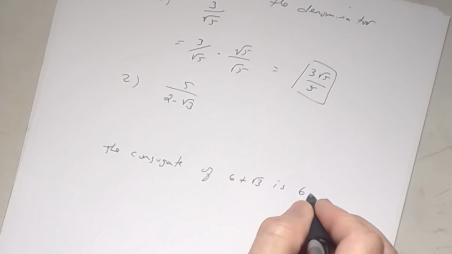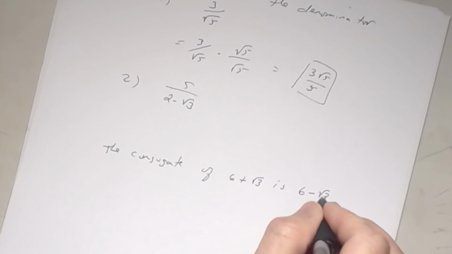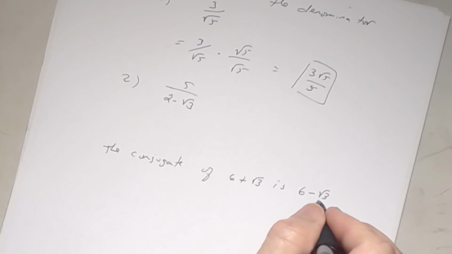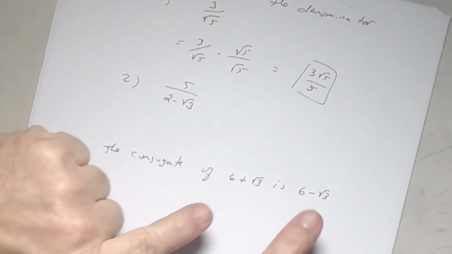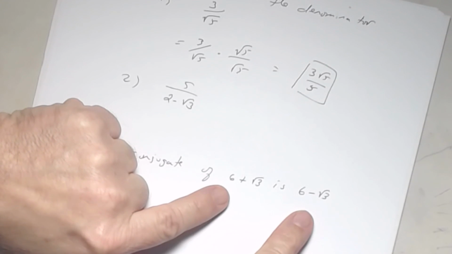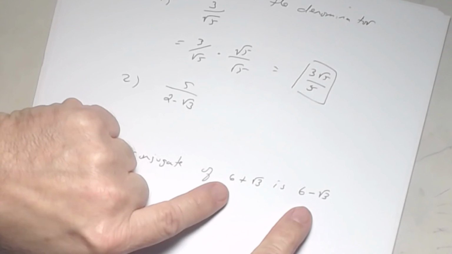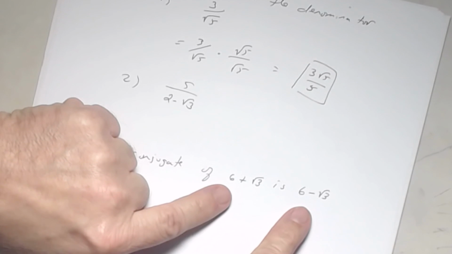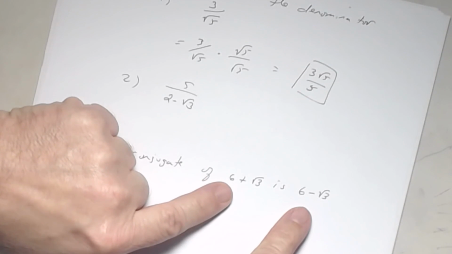So it'll be 6 minus the square root of 3. And here's why. You remember when you dealt with the difference of two squares? Doesn't it kind of look like the factoring of the difference of two squares? 6 plus the square root of 3 times 6 minus the square root of 3.